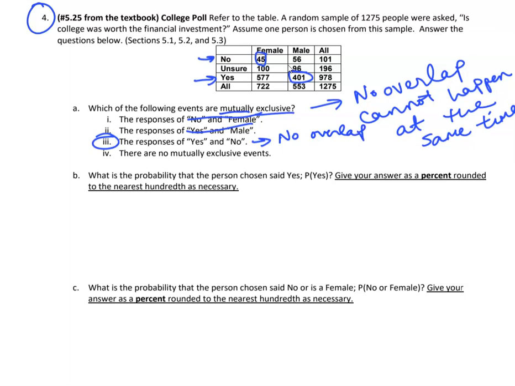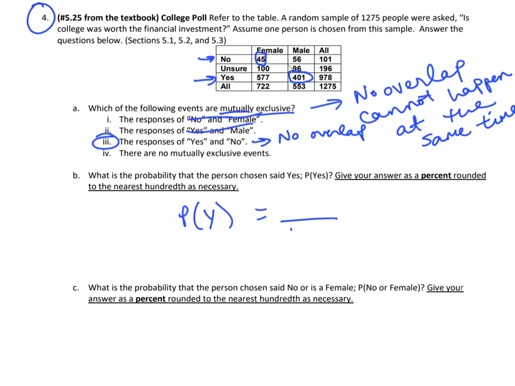All right, B says, what is the probability that the person chosen said yes? So just from the entire sample, what is the probability somebody said yes? Remember, when you do these, the denominator is going to be the total for whatever sample you're looking at, for whatever question they're asking you about, and then the numerator is whatever group they're interested in. In this case, it'll be the yes.